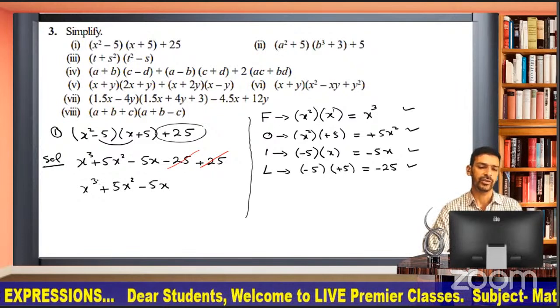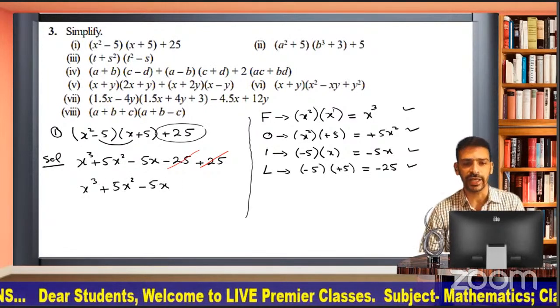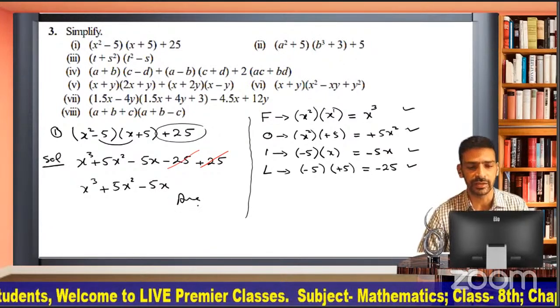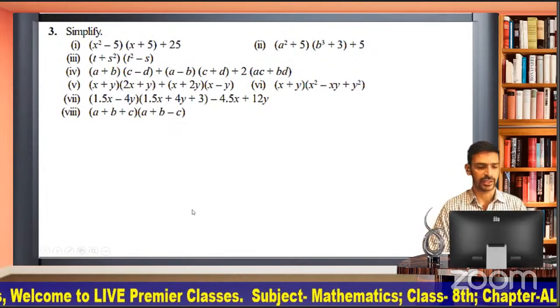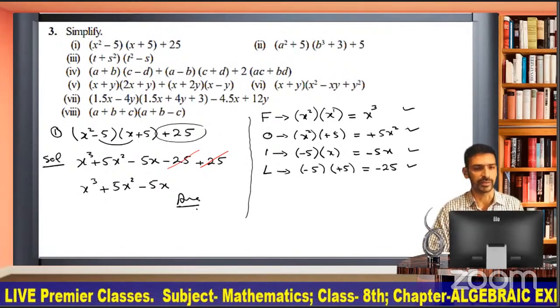We have cube here, square here, and this is power 1, so there are no like terms here, and the expression, sorry, here the result is the answer we got.